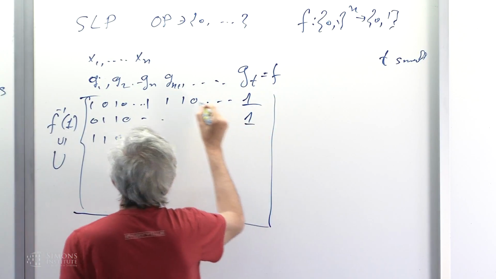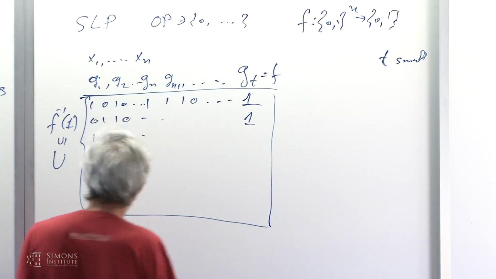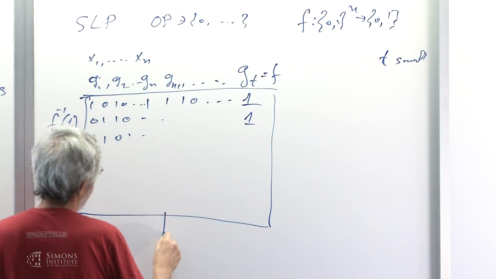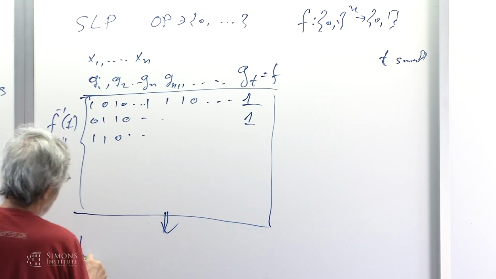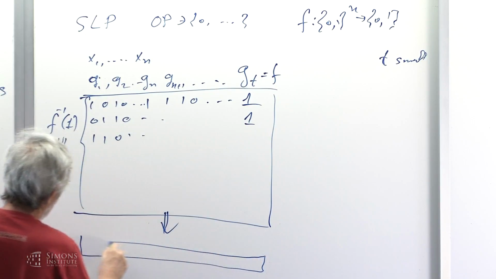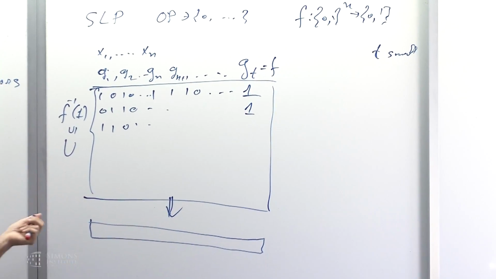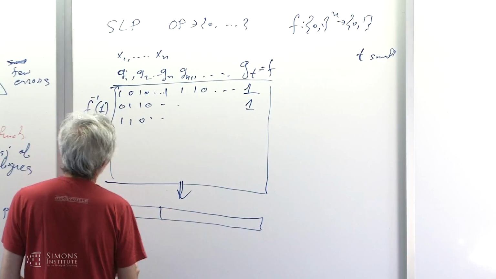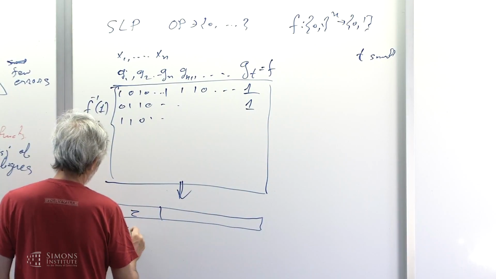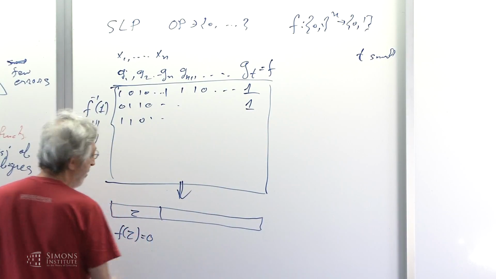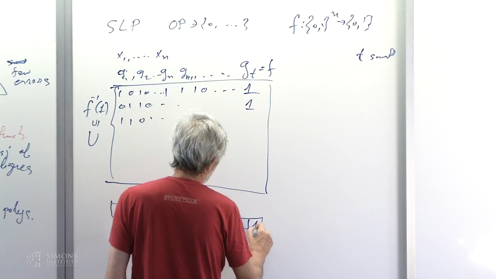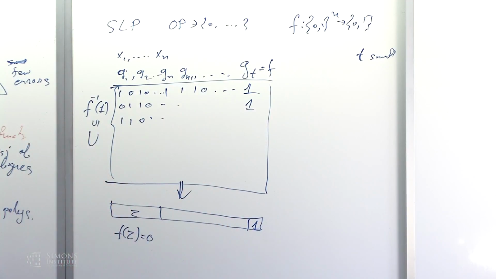So we look at this matrix. And what we are trying to do is to fuse them into another computation, a sequence of length t, just like before, right? Where in the input part we get some input z, and f of z is 0. On the other hand, this computation produces a 1.